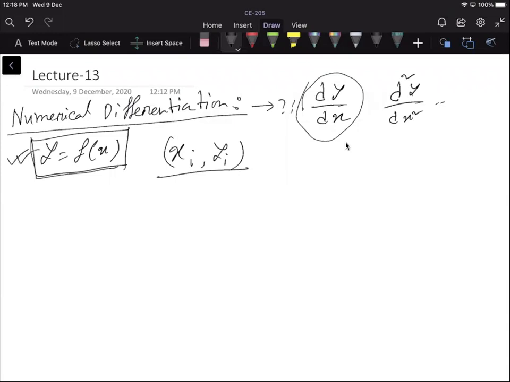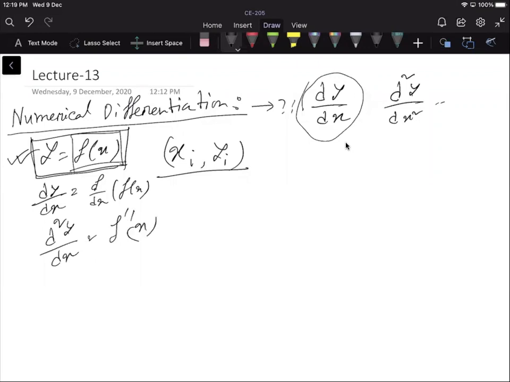So if we have an equation, then we can simply take dy by dx, that will be d/dx of f of x. If we take the derivative of this function, this is dy by dx, and parallelly d square y by dx square is nothing but f double prime x.